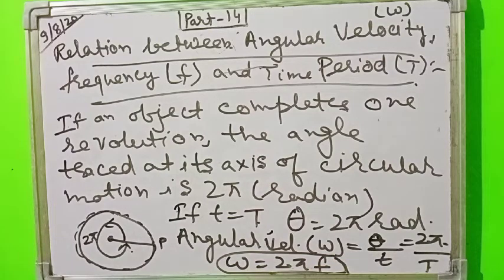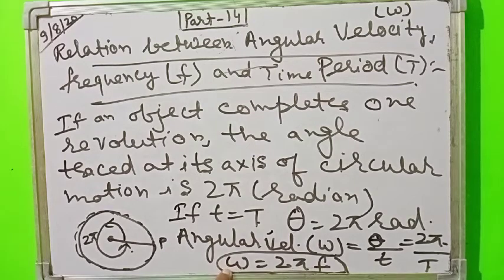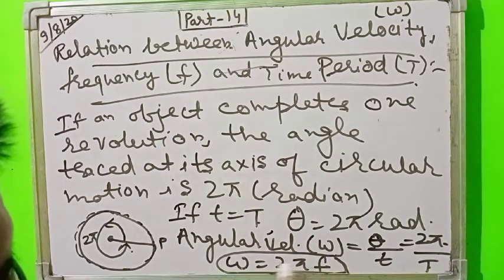So this is the relation between omega, frequency and time period. Angular velocity is related with frequency with the relation 2 pi f.